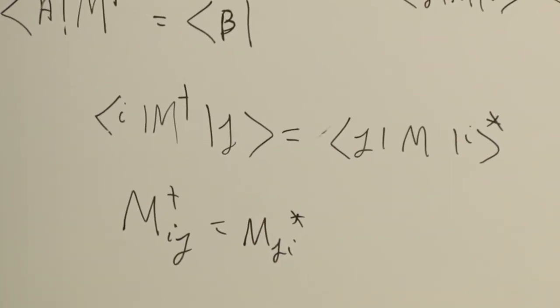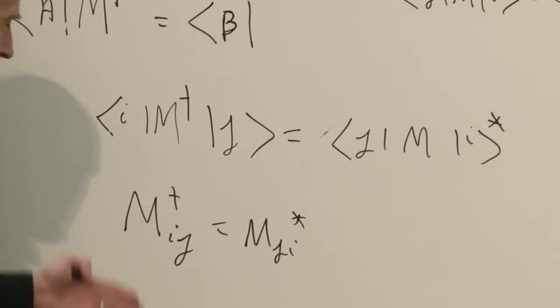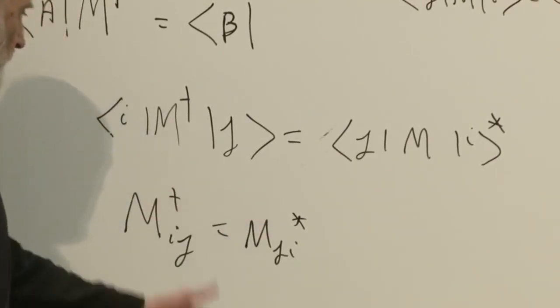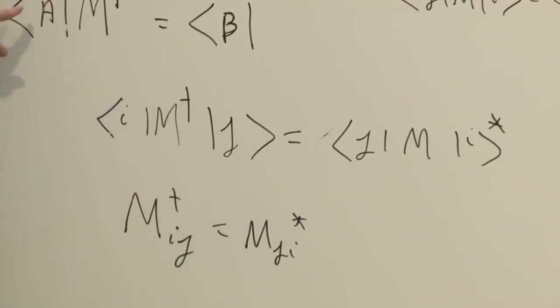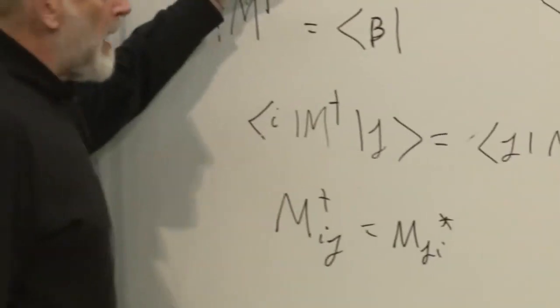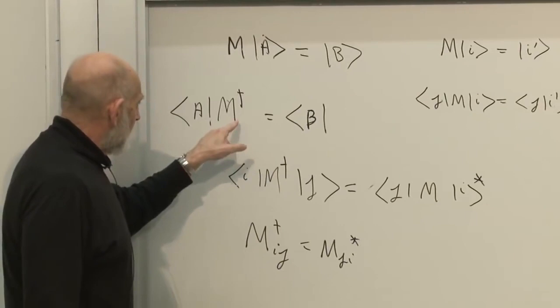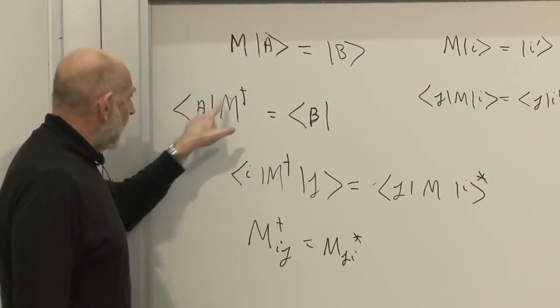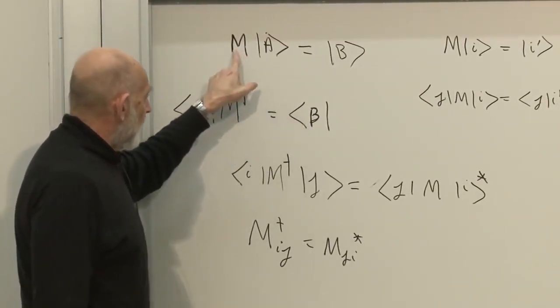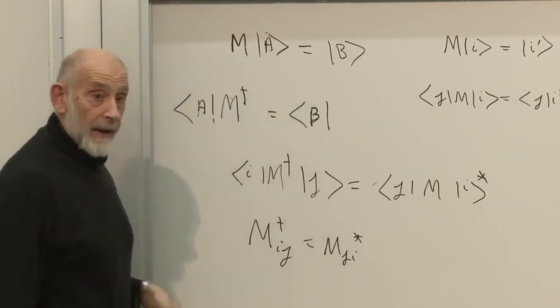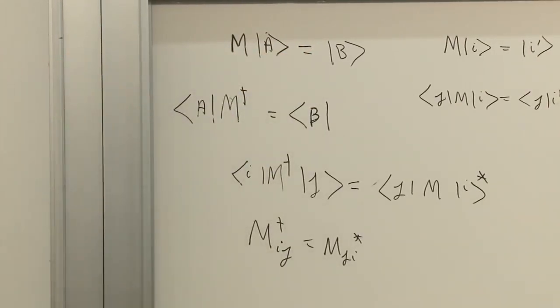So now we know a lot. We know how to construct operators which act to the left to do the same mapping that they did when they went to the right. They map the bra A to the bra B if the original operator did the same thing on the kets.